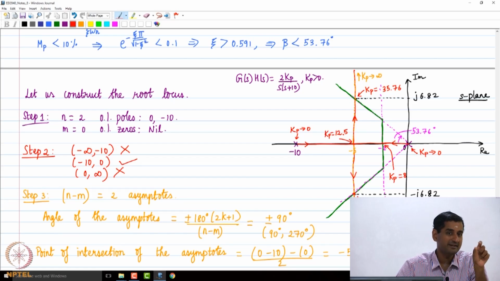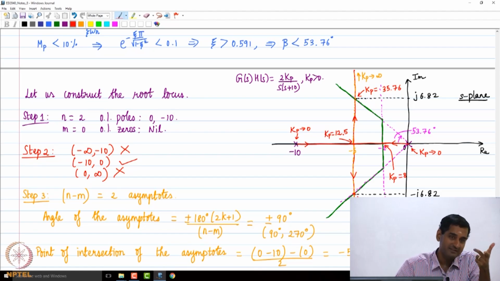Kp is a parameter, right? So let's say you substitute Kp equals 35.76. You are going to have one closed loop characteristic equation with some constants as parameters. When you calculate the roots, since we are dealing with polynomials with real coefficients, if you have a complex root, the conjugate also must be a root.